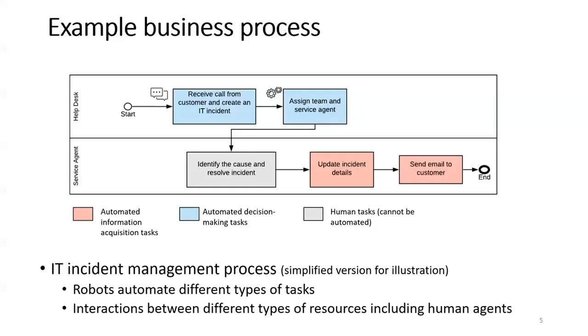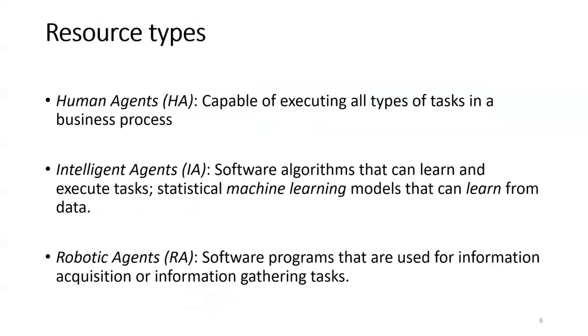What we see here is that there are different types of tasks which can be automated by different types of agents, and there's interaction between these agents and the human agent. So we could categorize broadly three types of resources in executing a business process.